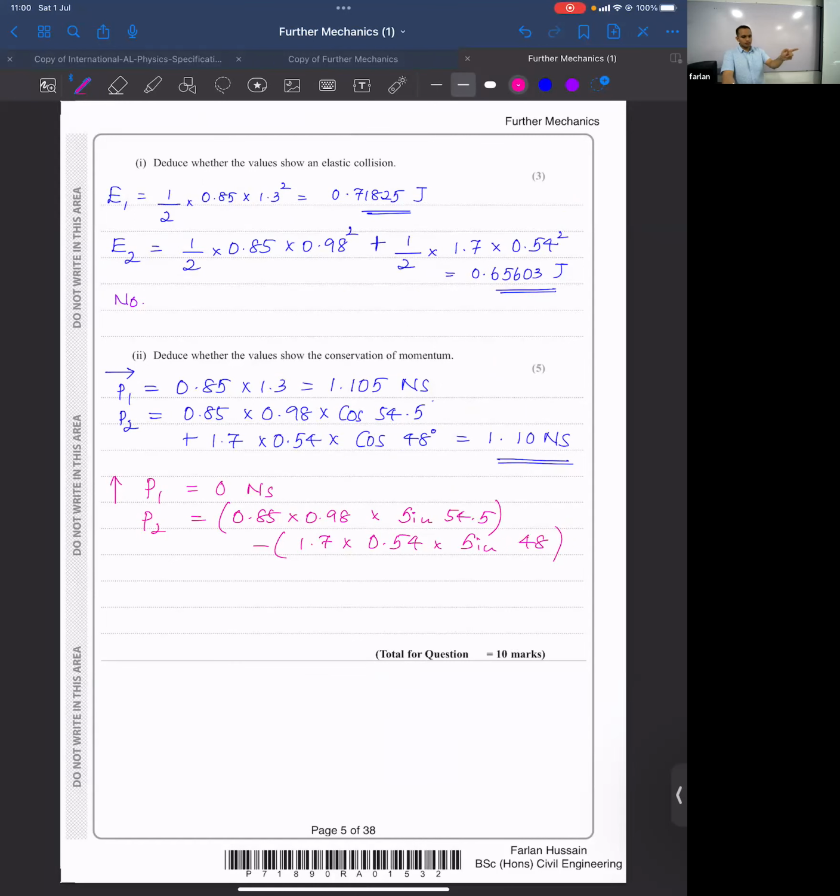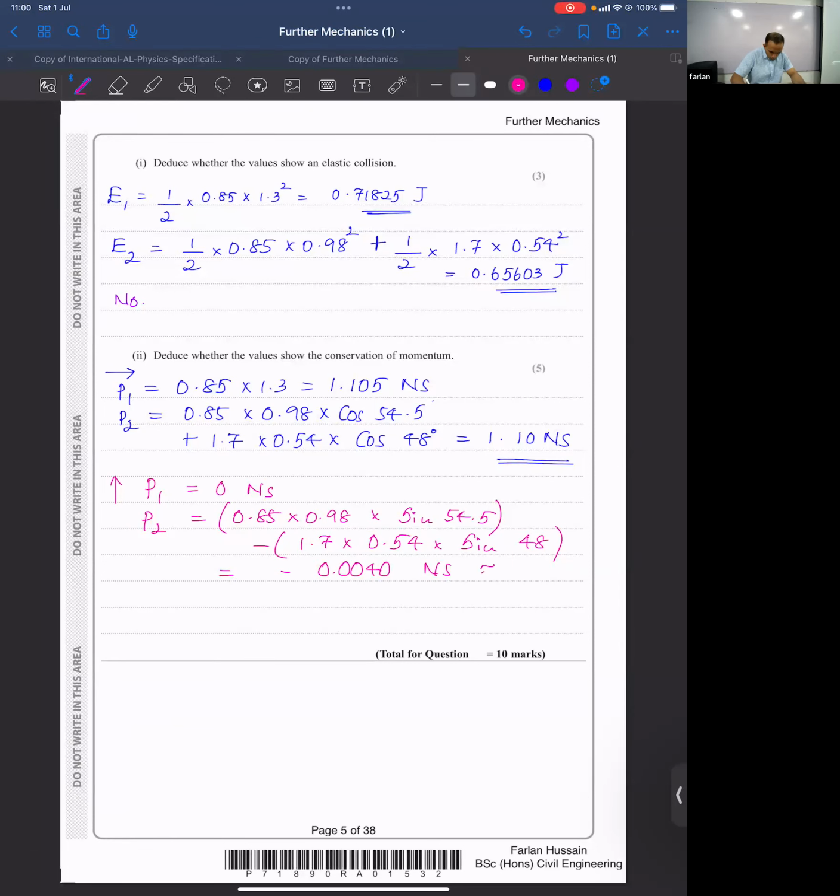That will give you the total momentum after the collision in the y direction. Check that value. 0.85, 0.98, sine 54.5, minus 1.7, 0.54, sine 48. How much is that? Minus 0.0040. Correct?